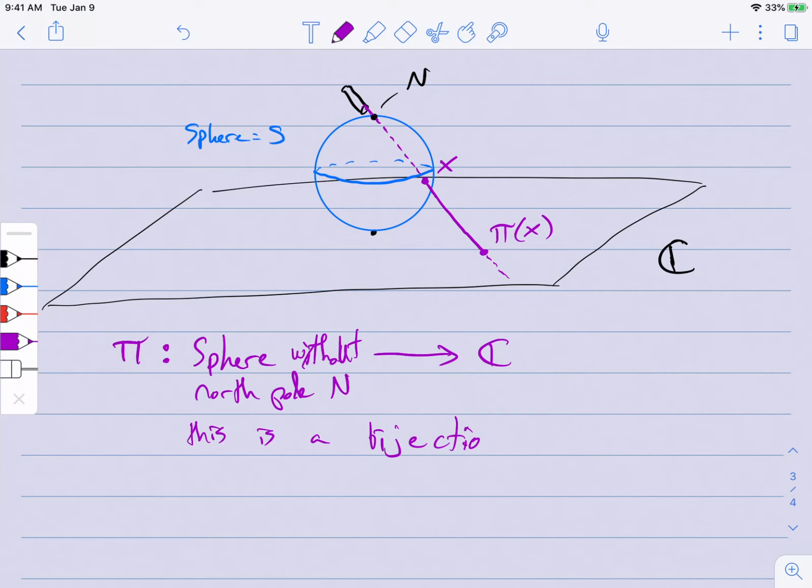For every point on the sphere minus the North Pole, there's a unique point that it gets sent to on the complex plane, and this map hits every point of the complex plane just by moving my laser pointer around.